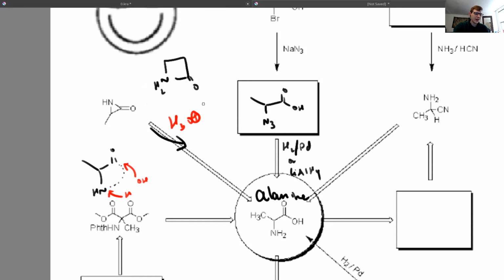And a lot of bacteria are resistant to ampicillin or penicillin or all of these beta-lactam antibiotics. The way that they're resistant is that they just have an enzyme which sticks water in there and breaks it. Interesting.